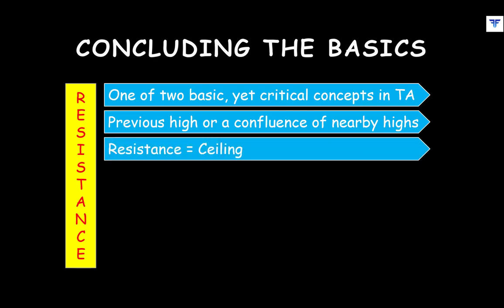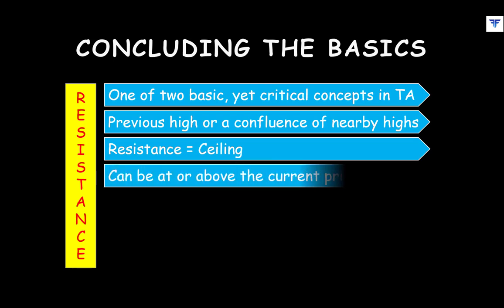You can think of resistance as a level or as a zone that offers a ceiling to the price, that is, a prior region where supply can be expected to absorb all the available demand. A resistance could either be at or above the current price of a security.